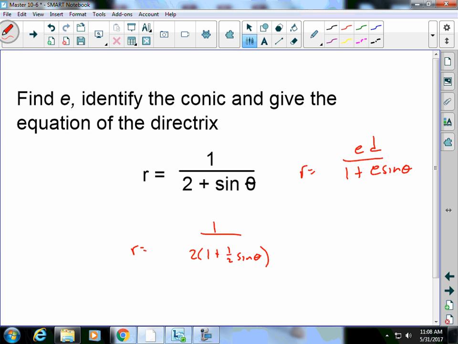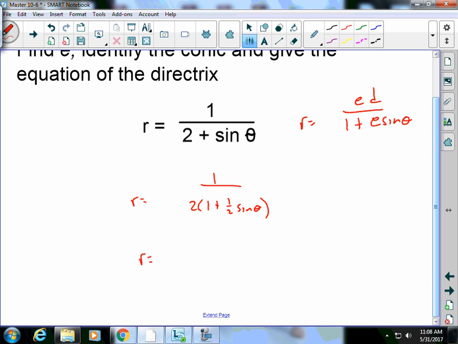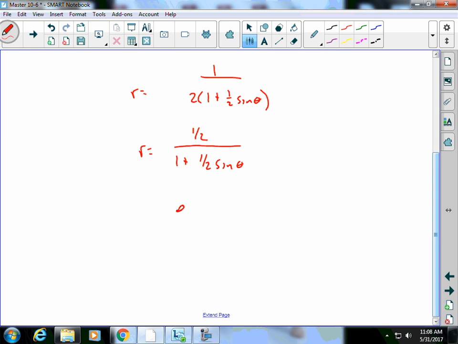Bring the 2 up top. Let's identify things. E is equal to 1/2. That was the first thing. E, which is less than 1, so it's an ellipse. So I answered these two parts.